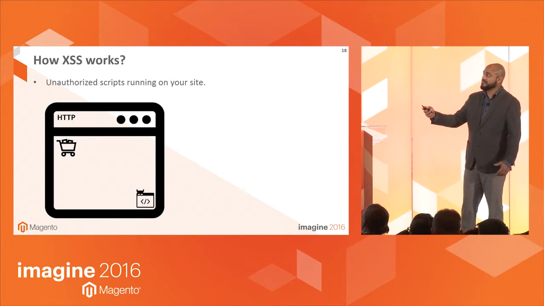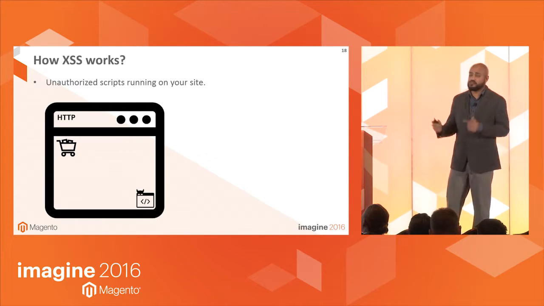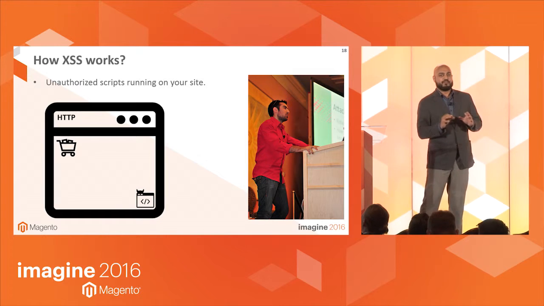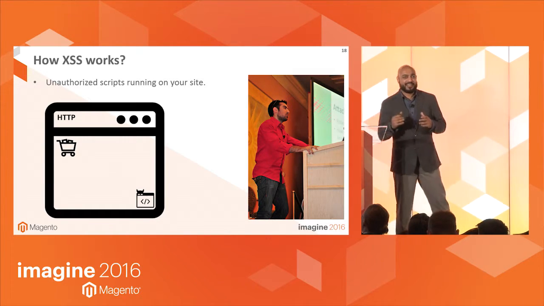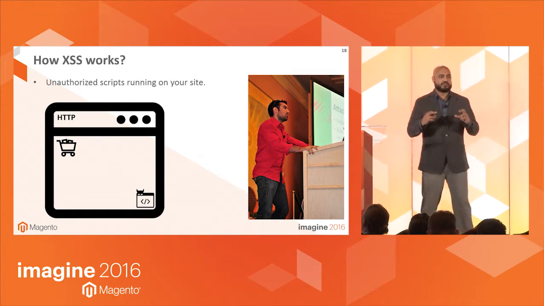That's what XSS is. And I think the easiest way to communicate how XSS works is to talk about Samy Kamkar. It's just going to be a quick little story. Back in the days of MySpace, Samy Kamkar did not have many friends. So he created a JavaScript string that he posted on his MySpace page.